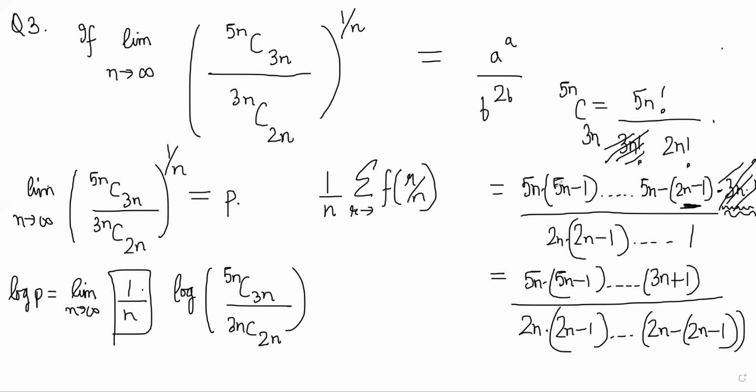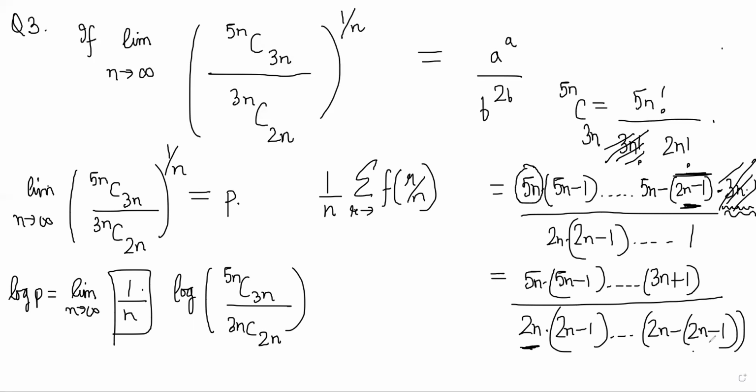If you see here, the numerator is going from 0 to 2n minus 1, and the denominator also is going from 0 to 2n minus 1.